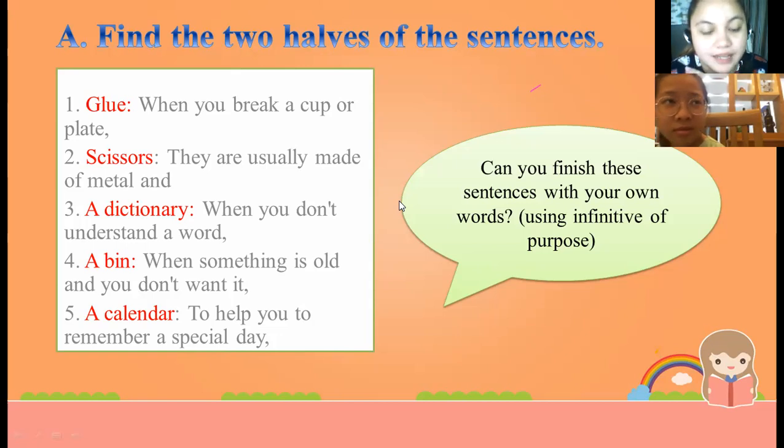Okay, I understand your sentence. So scissors, they are usually made of metal and you use them to cut. Is that what you're trying to say? Yes. That is correct. So they're usually made of metal and you use them to cut some objects. How about dictionary?